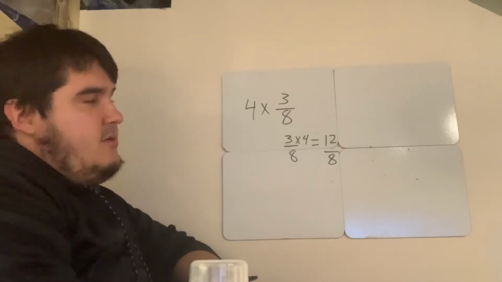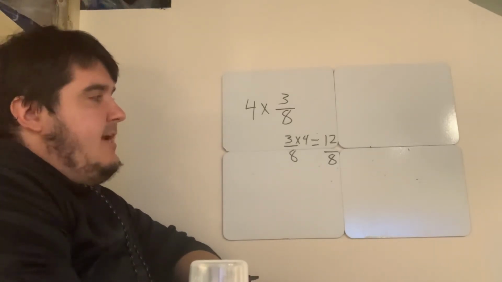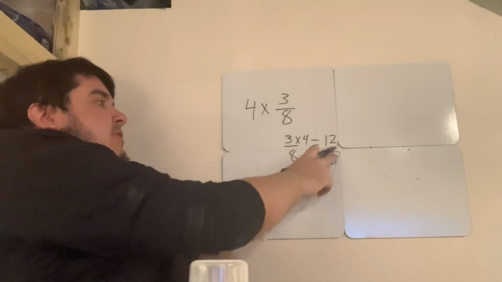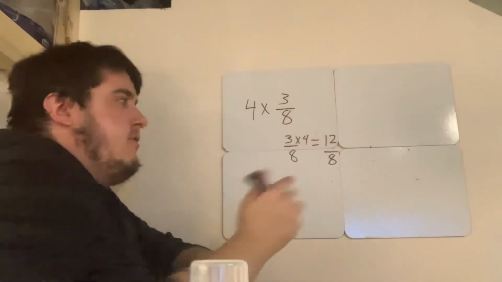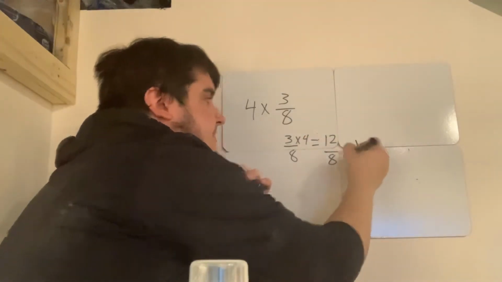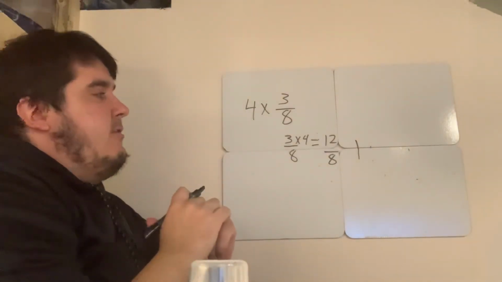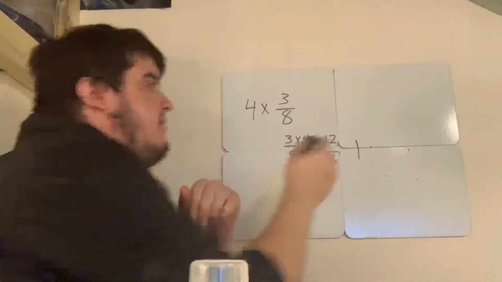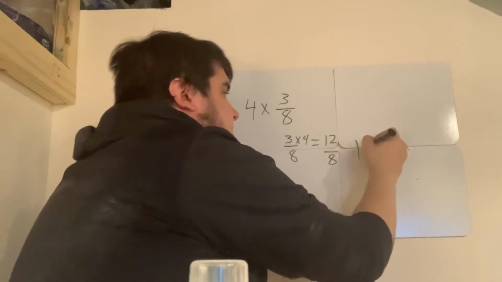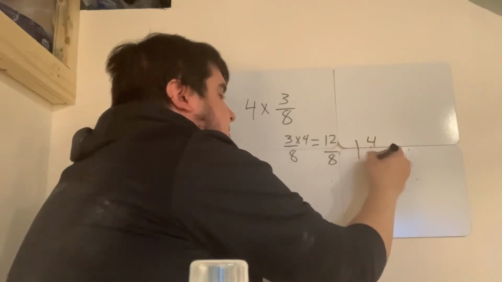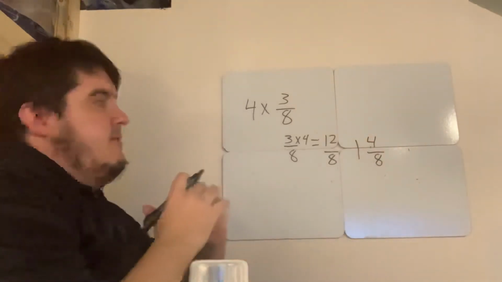So we need to reduce that down. How many times can 8 go into 12? It can go in there 1 time. And what we're left with is 4, right? So we're left with 4 over 8.